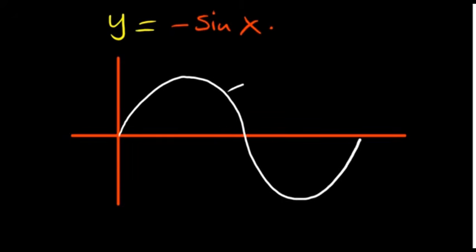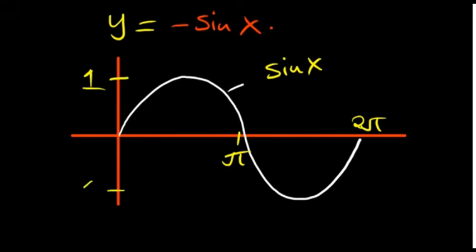Okay, so positive sine graph, sine x, and of course in this case we have 2 pi as our period. That is like pi. I think these points are enough. And of course we have 1 and also -1 as our amplitude. Now what about if we said negative sine of x?